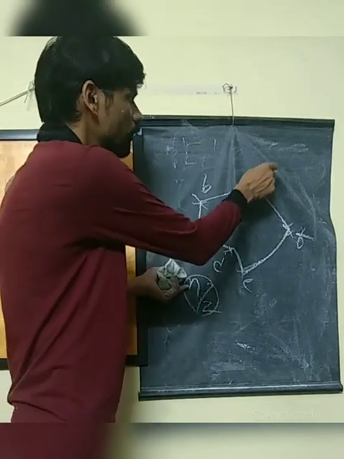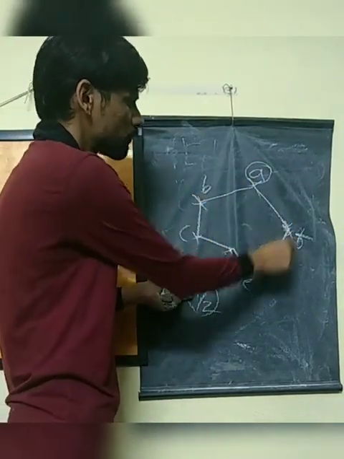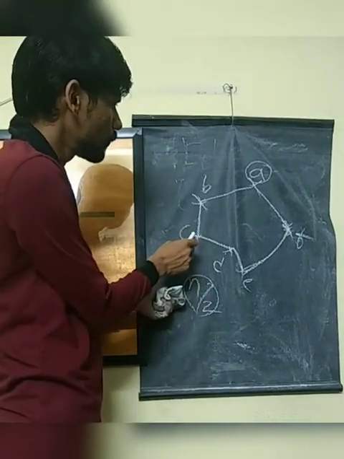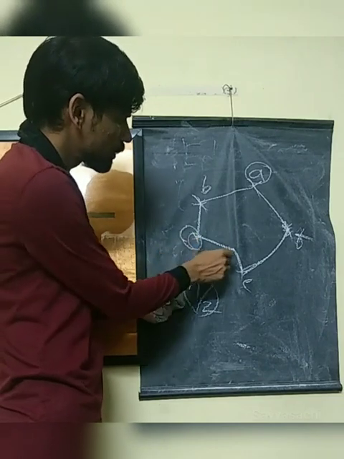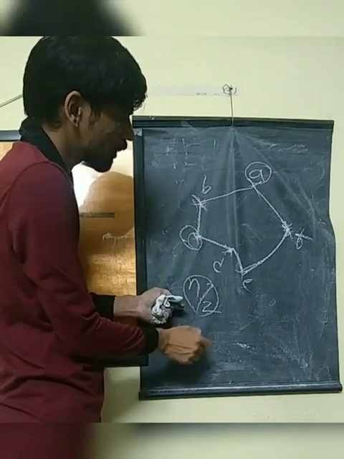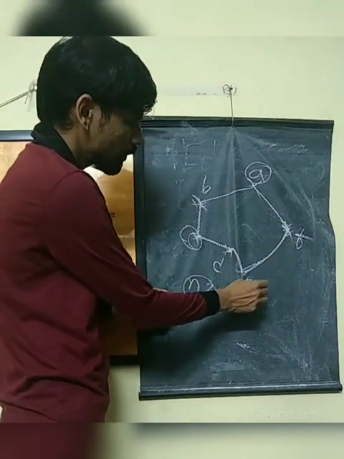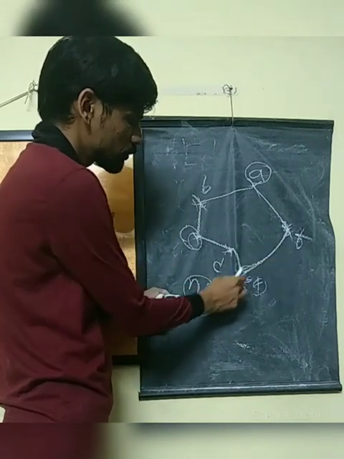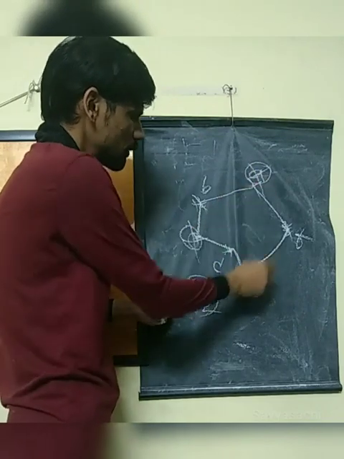Let's try this. For example, if I place my army here, this one and this one will be covered. Now I need to place another army here so that this will be covered and this will be covered. But to cover the rest, we need to place another army here or here. So now how many nodes? This one, this one, this one.